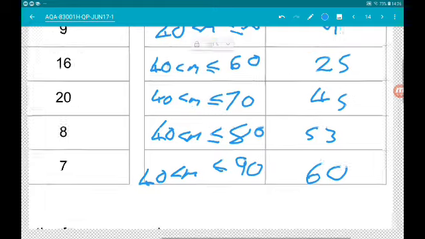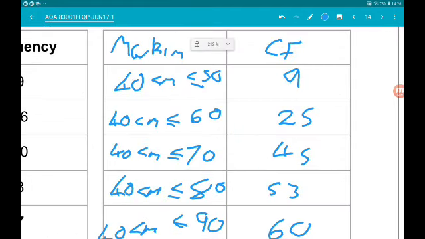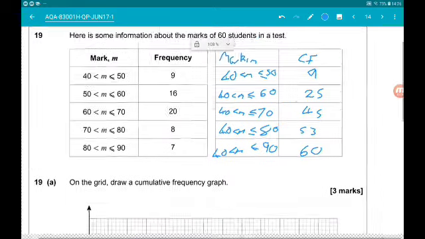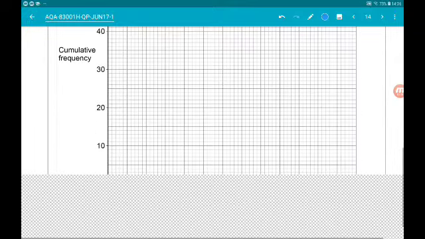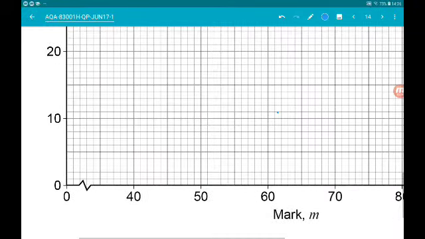Okay, so now we need to plot a cumulative frequency graph. So we use the upper bound of each interval as the x-coordinate and the cumulative frequency as the y. So the first one is going to be 59. So make sure you're happy with the scale.